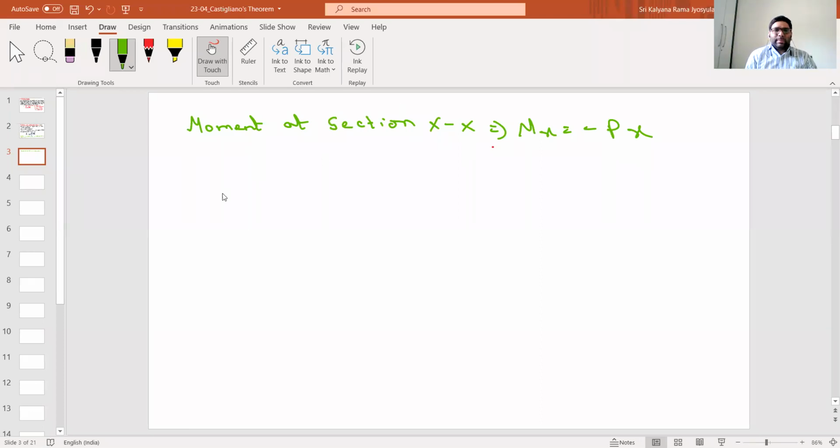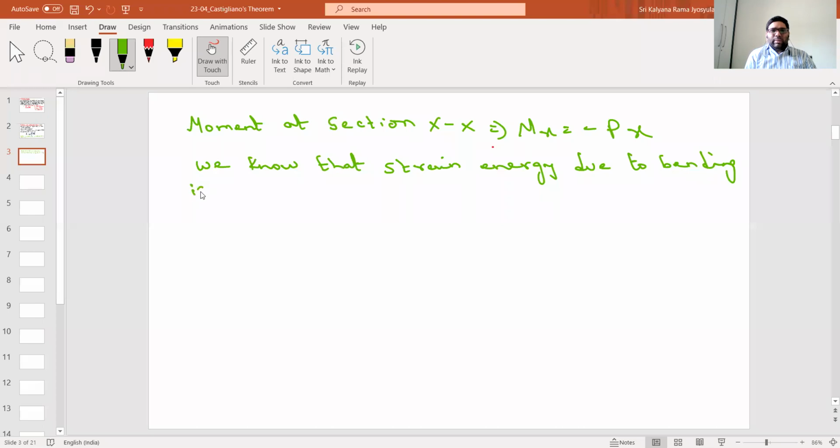And we know that the strain energy due to bending is given by U equal to integral of M square by 2EI into dx, with M as Mx. Isn't it correct?